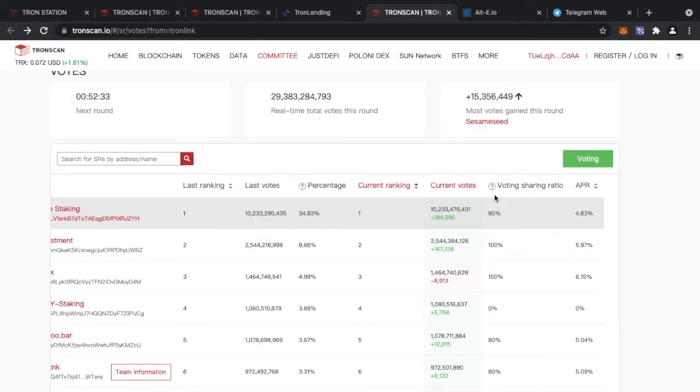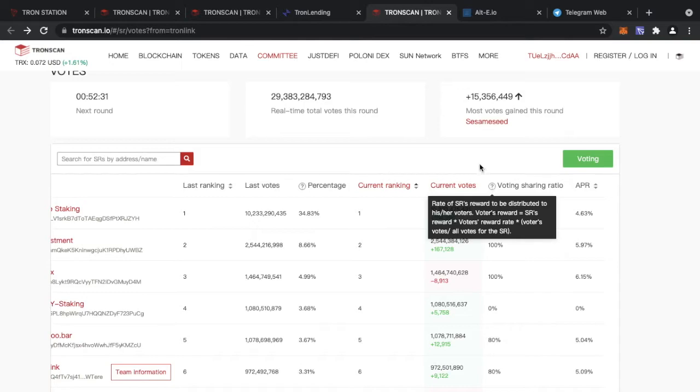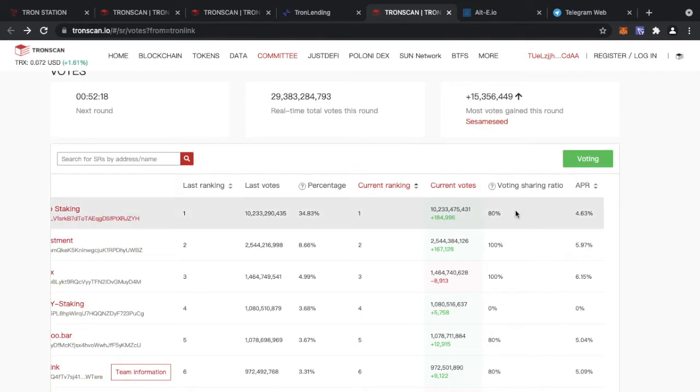Their voting share ratio is 80% of all the rewards they receive. For being a super representative node, you receive rewards, and those rewards can be redistributed back to voters. So Binance gives 80% of the reward they receive from the Tron blockchain, from the Tron Foundation, back to the people that have voted for them.